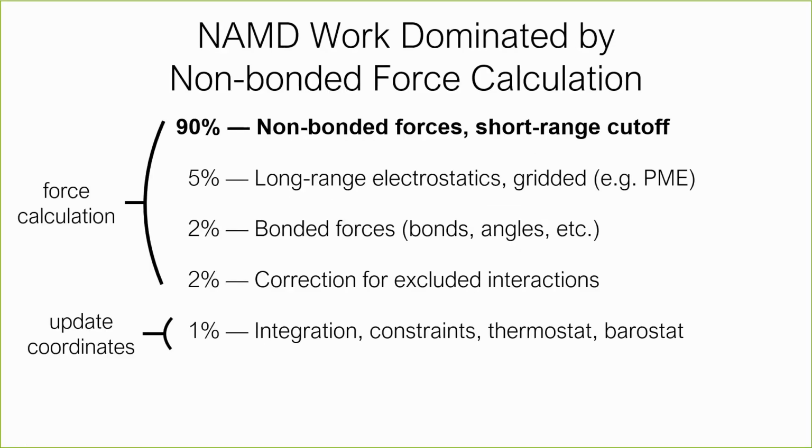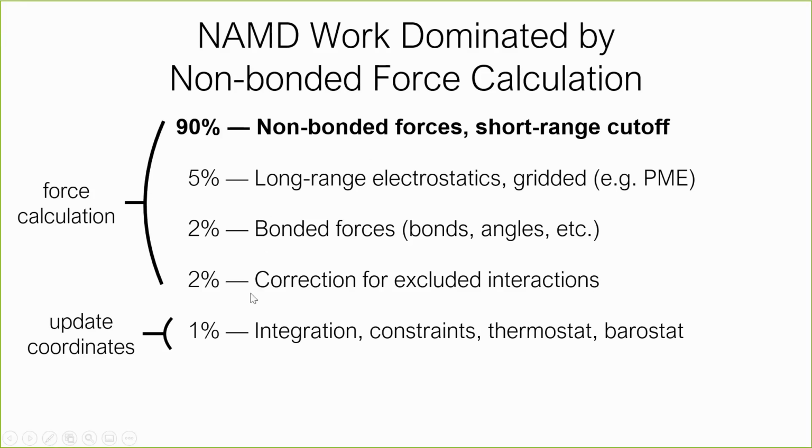If I were to summarize, generally speaking, for most molecular dynamics codes, but NAMD in particular, you would expect that the non-bonded forces are the dominant place where you spend most of your runtime. That's because this is the direct summation of electrostatic related forces from atoms that are nearby to each other in space, so that's where the lion's share of the work is.